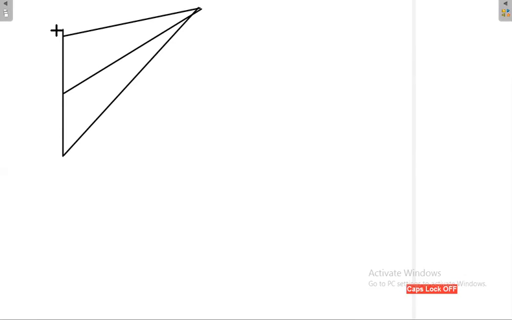I have a point charge here, with value plus q, and one more point charge with value minus q, and this is the distance between the charges.